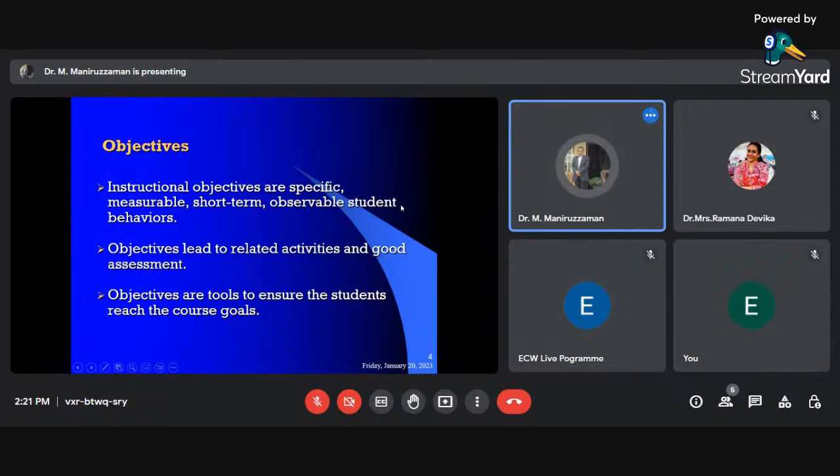So objectives have to be specific, measurable, short term, and observable student behaviors. Objectives lead to related activities and good assessment. Objectives are tools to ensure the students reach the course goals.